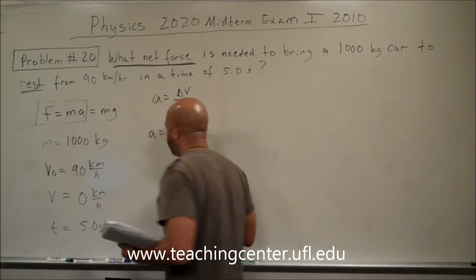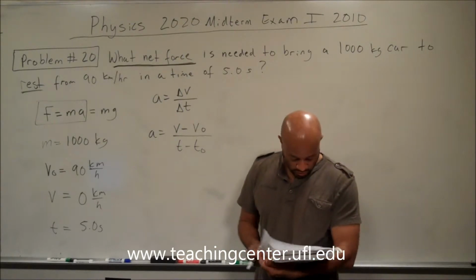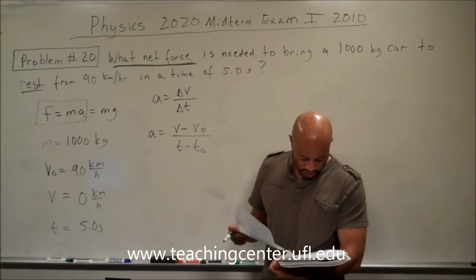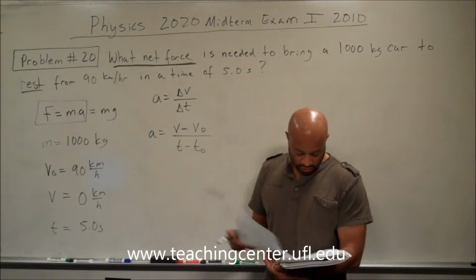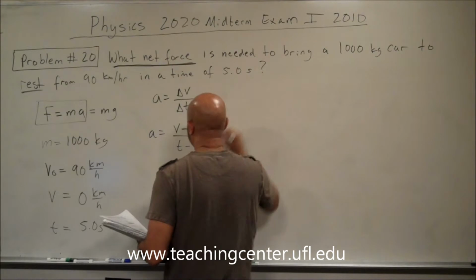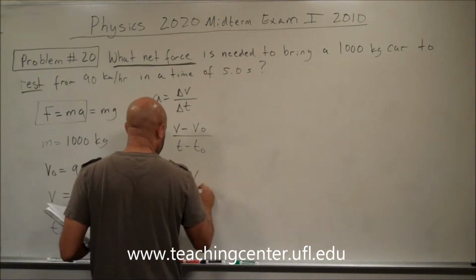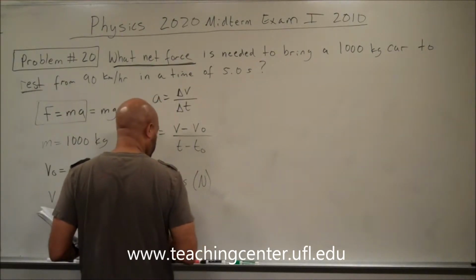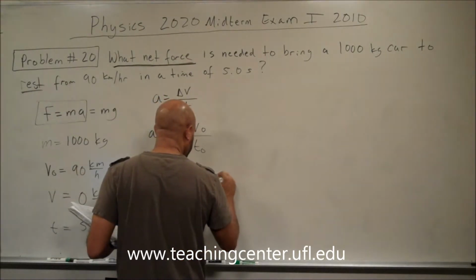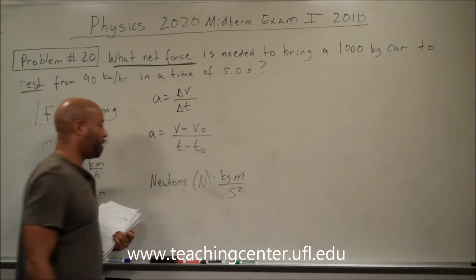One thing that we have to be careful of is units. So let's look at the answers. All the answers are given in units of newtons. Newtons is a unit of force, and that unit is kilograms meters per second squared.